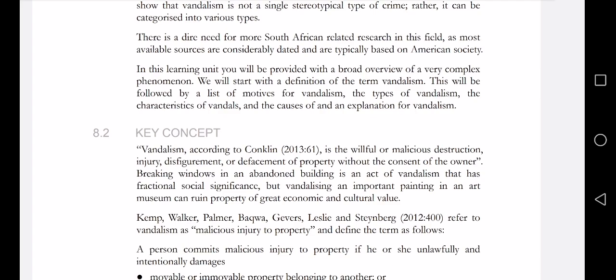In this learning unit, you will be provided with a broad overview of a very complex phenomenon. We will start with the definition of the term vandalism. This will be followed by a list of motives of vandalism, the types of vandalism, the characteristics of vandals, and the causes of and an explanation of vandalism.